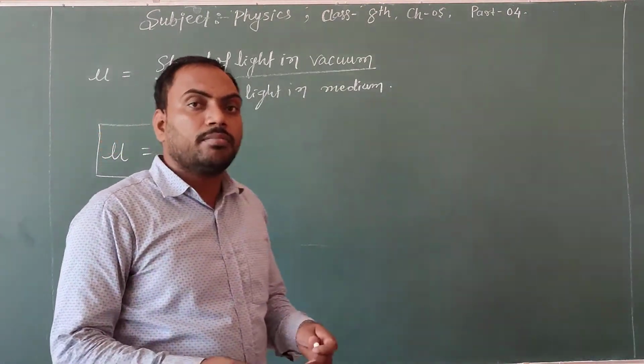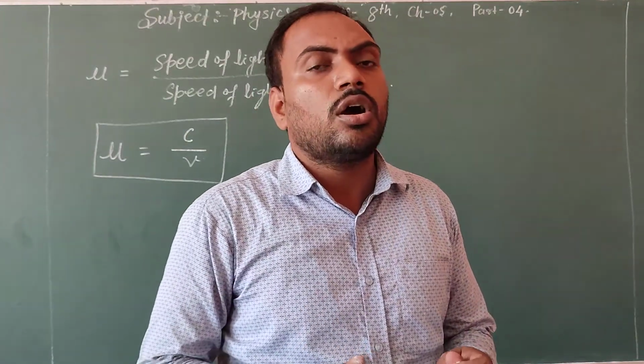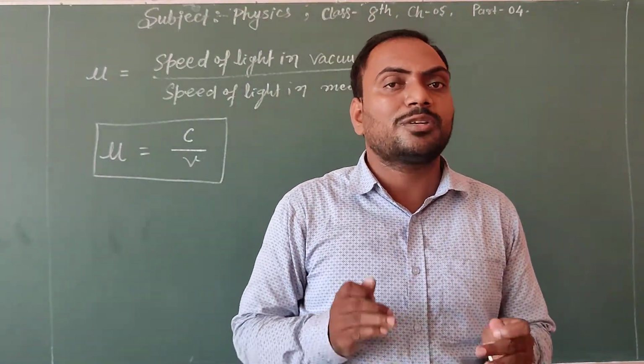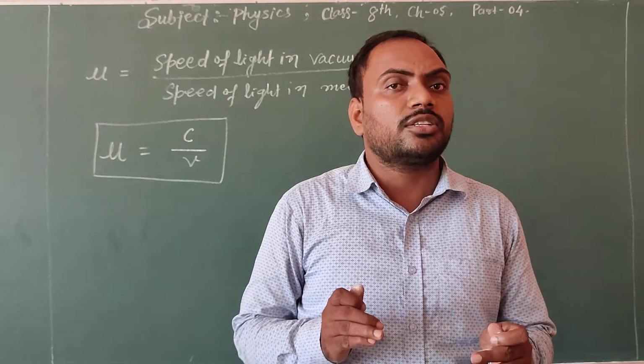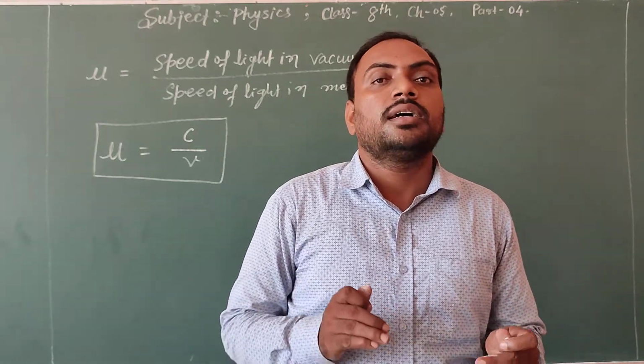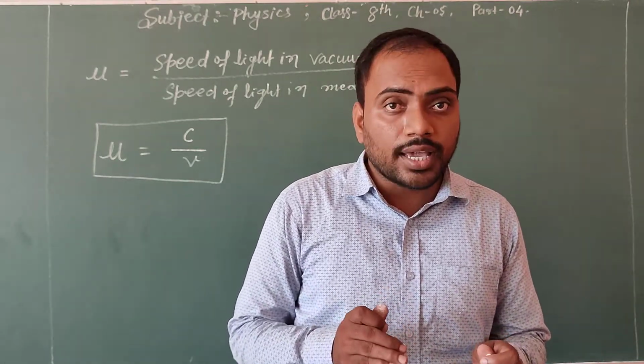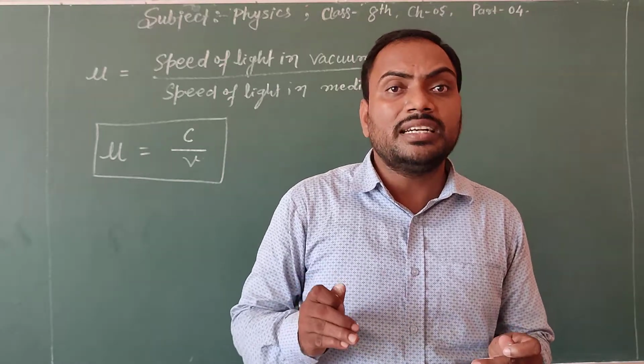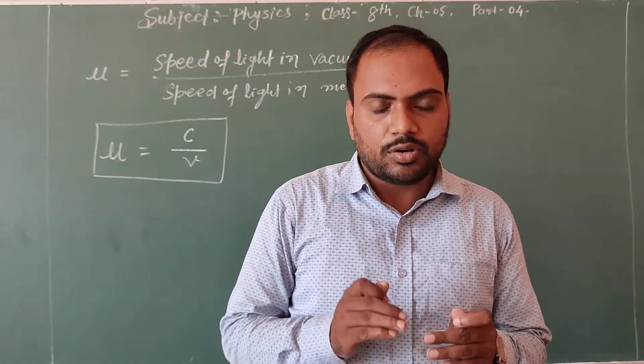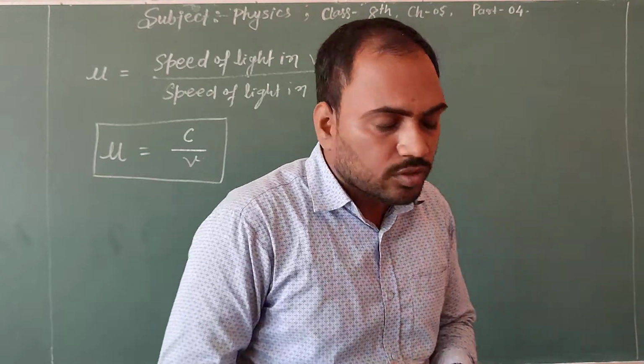So diamond has the highest optical refractive index. It means that when light enters the diamond, it becomes slowest, which means its speed decreases. I hope you get the idea, dear.